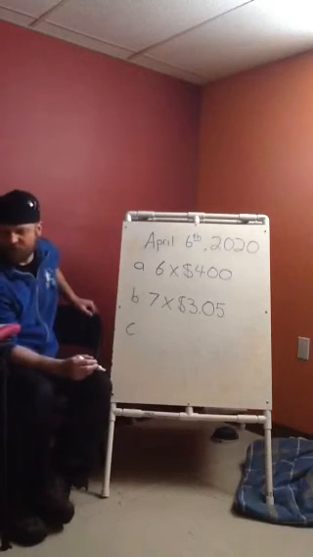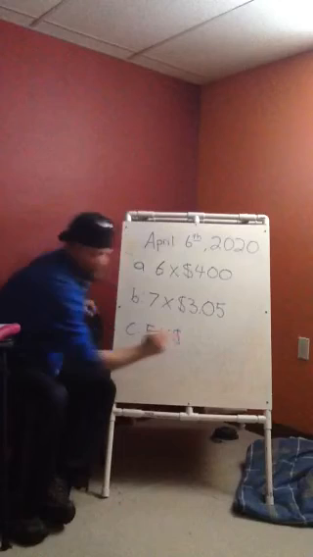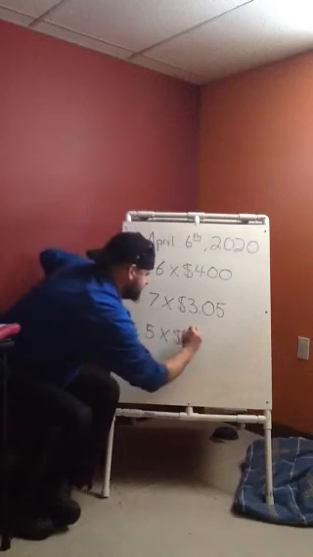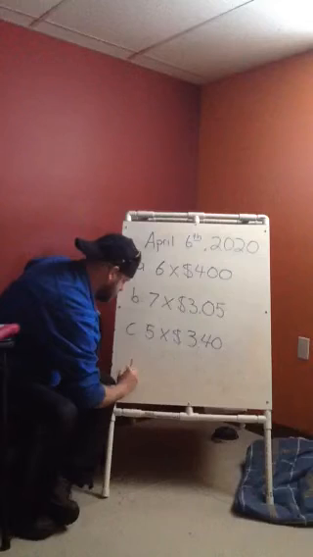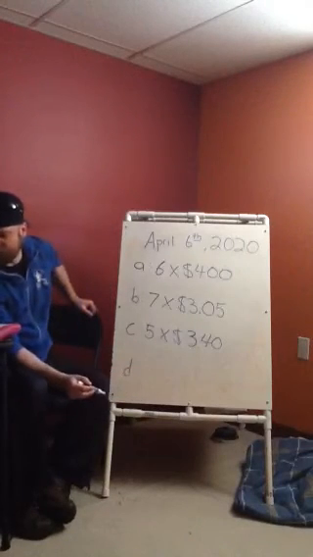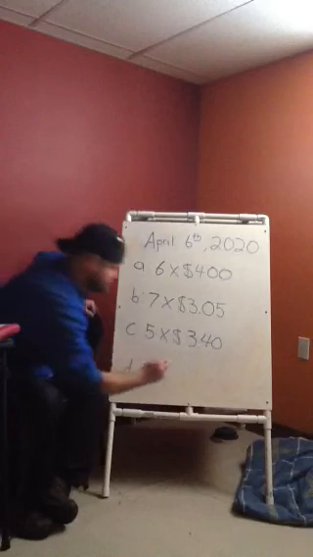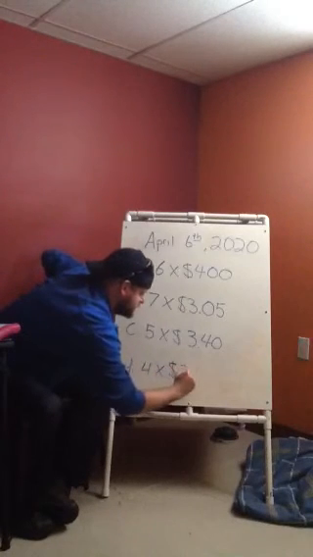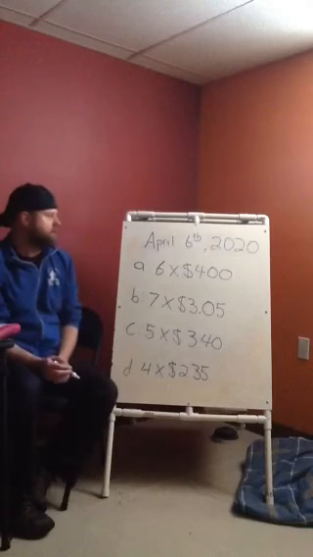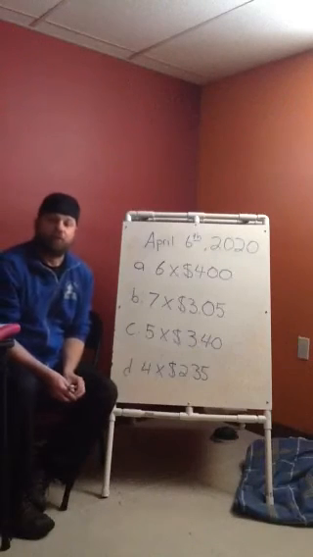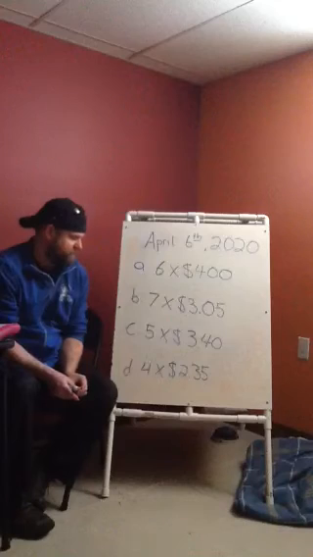Letter C, 5 times $3.40. And letter D is 4 times $2.35. In your blue notebooks, I'd like you to work through those 4 lesson practice problems, A, B, C, D.